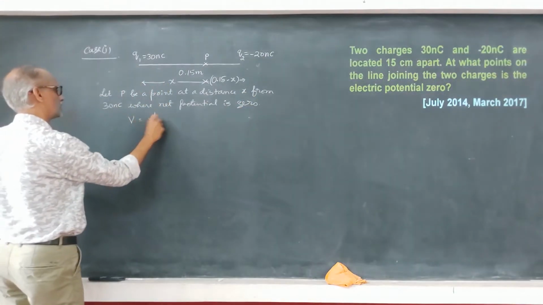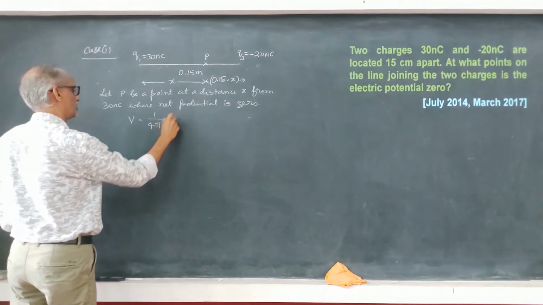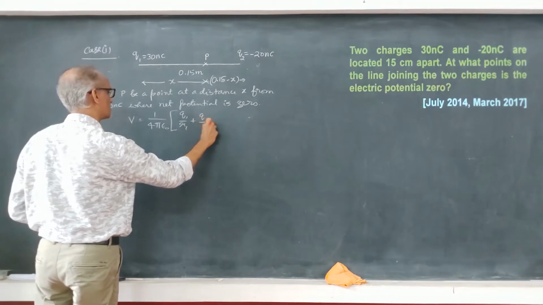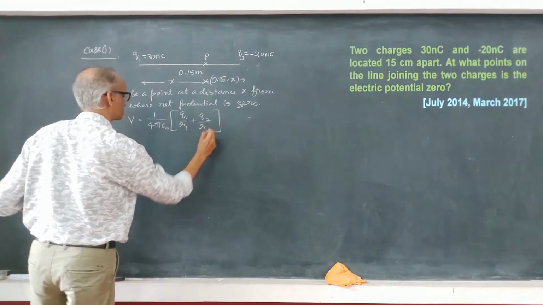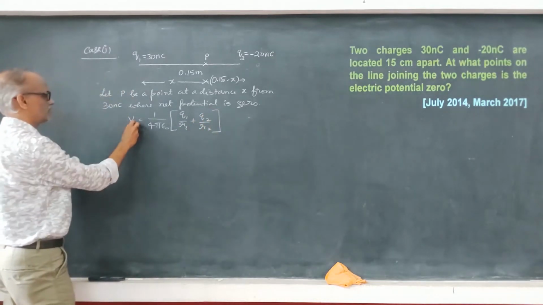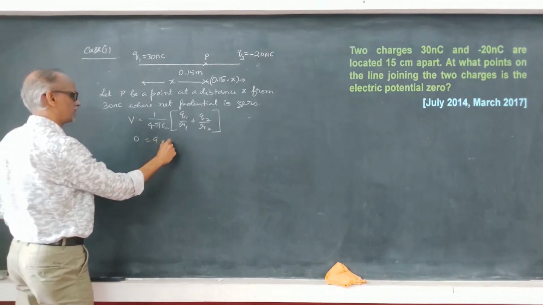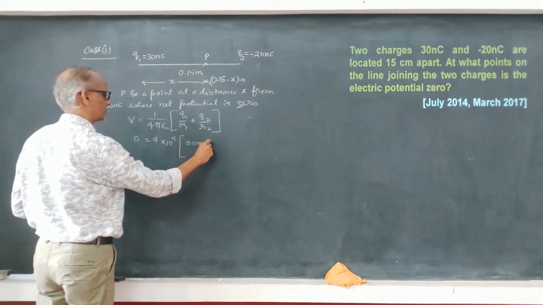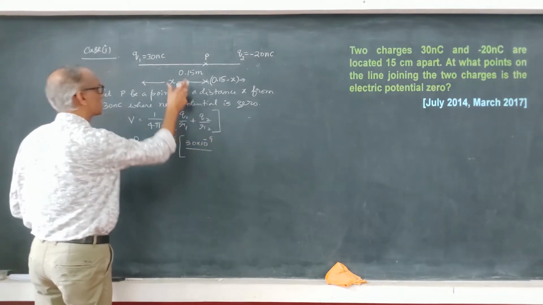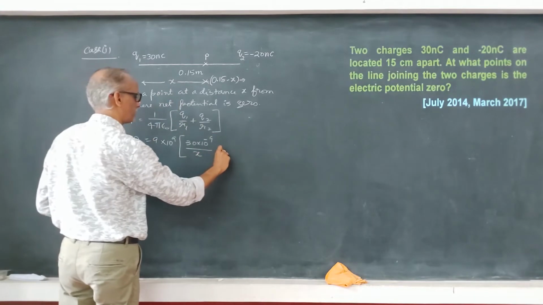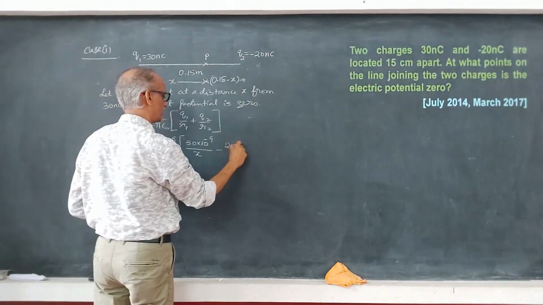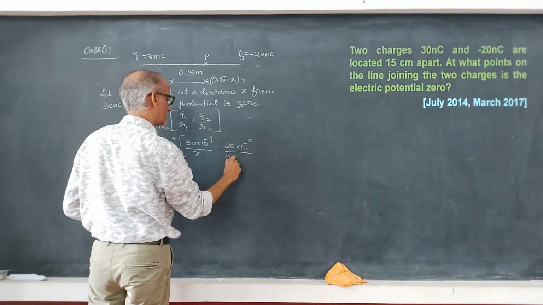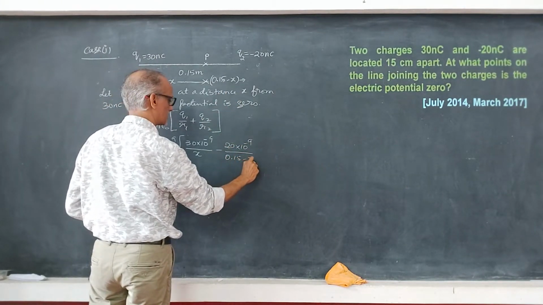V is equal to 1 by 4 pi epsilon naught into Q1 by R1 plus Q2 by R2. So this V is 0. This is 9 into 10 to the power 9. The first charge is 30 nanocoulomb divided by the distance x, minus 20 nanocoulomb divided by the remaining distance 0.15 minus x.